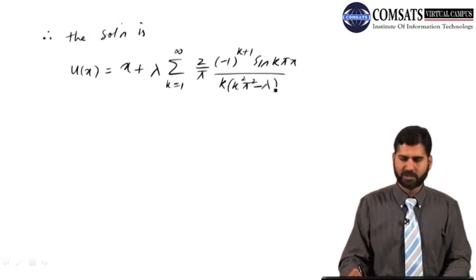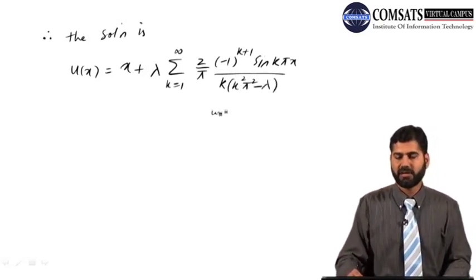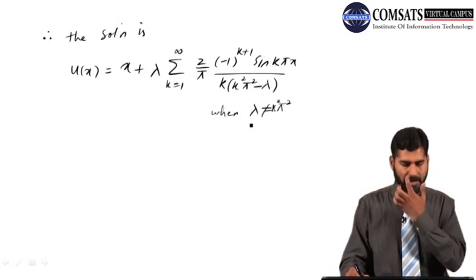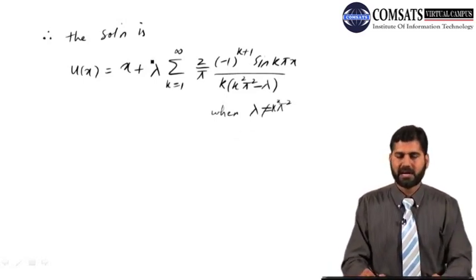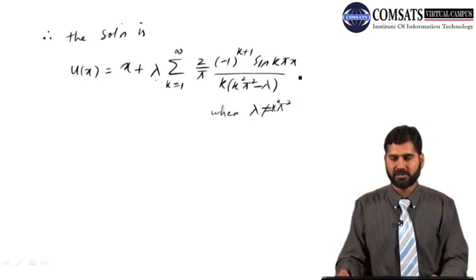Alright? So this is your solution when lambda is not equal to k square pi square.